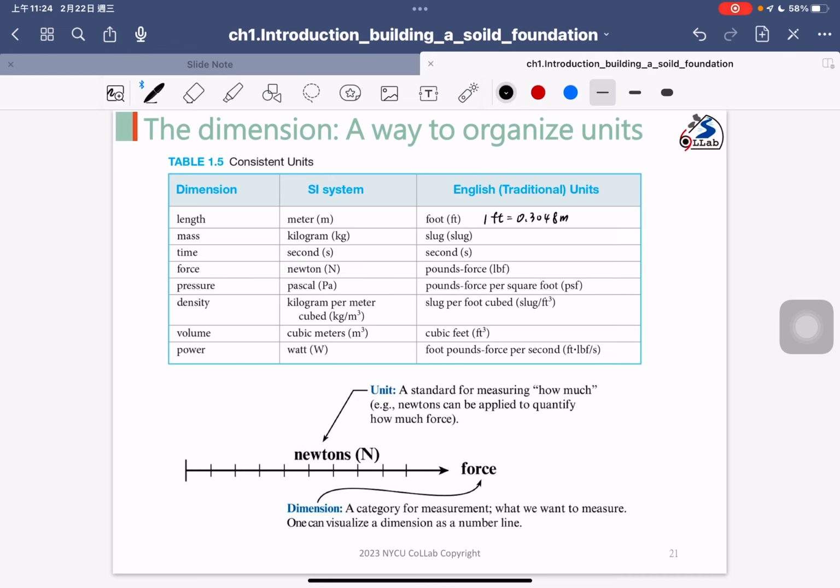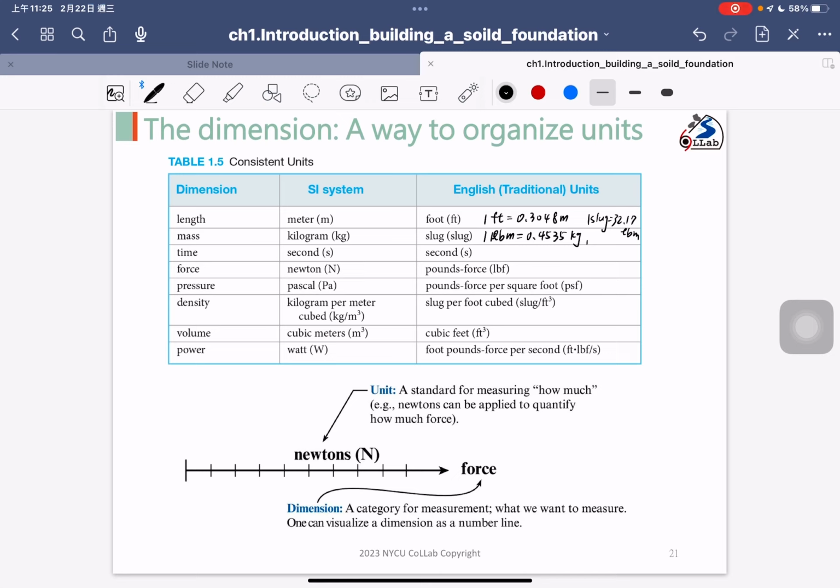And I know that one pound mass will equal 0.4535 kilogram, and I know that one slug will equal 32.17 pound mass. So that's an important unit conversion for the mass.